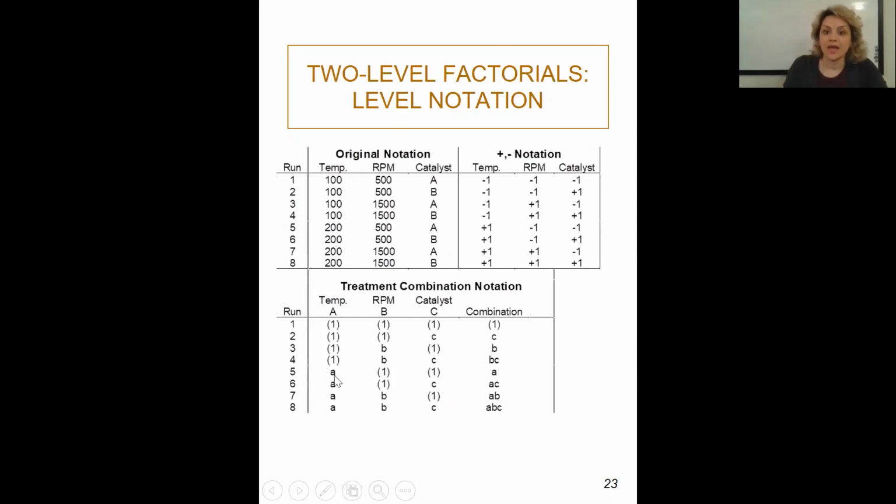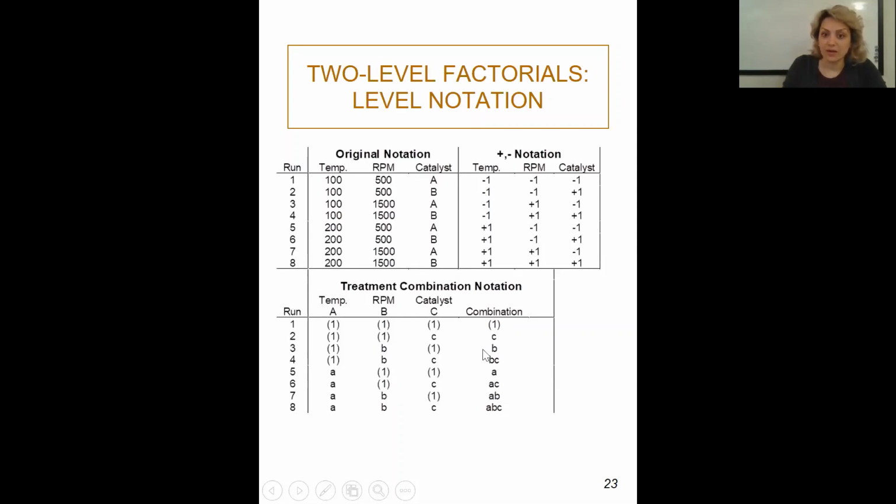And then the next step is that we add the combination of them. For example, let's say run number 1, when it's negative, we are just going to put 1. When it's positive, we are going to write down the symbol for it.